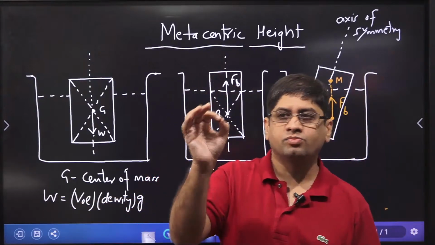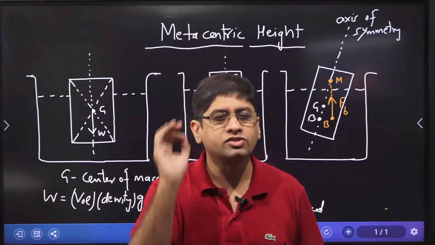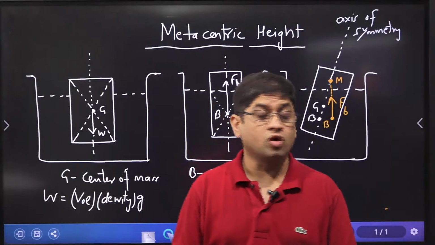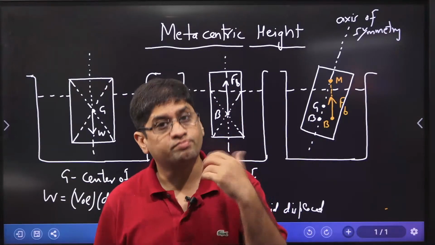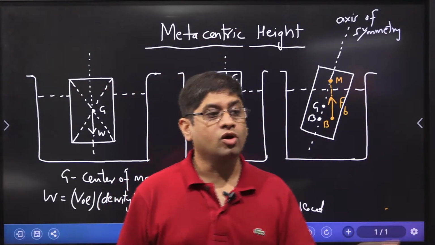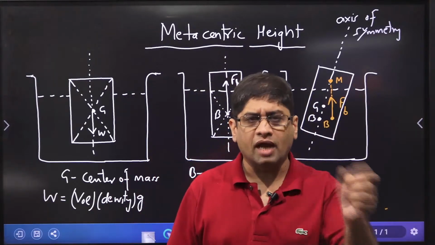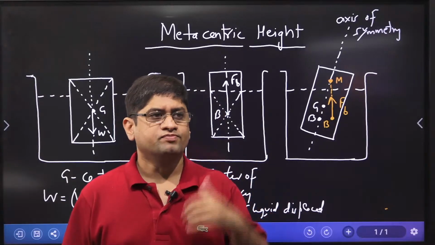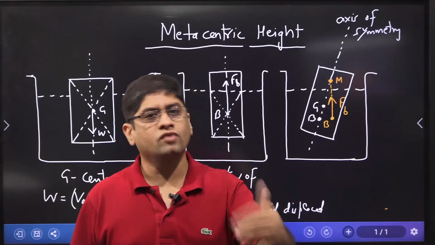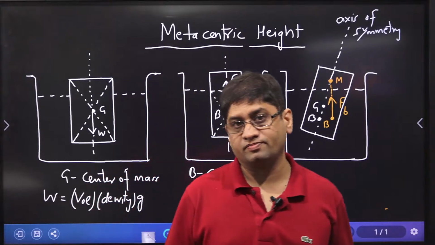That point at which body will start oscillating if it is displaced from its mean position by small angle, not large angle, small angle. Because if you increase the angle, it is possible that maybe body will topple and it will not vibrate, it will not oscillate. So that point about which it starts oscillating is defining its metacenter, and metacenter is always related to basically floating bodies. That is number one.